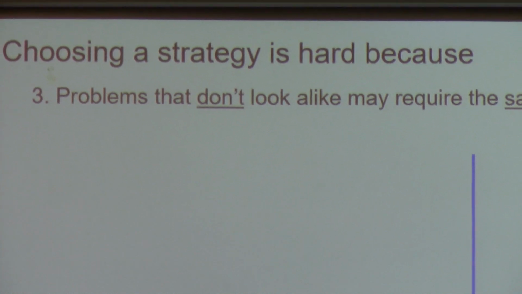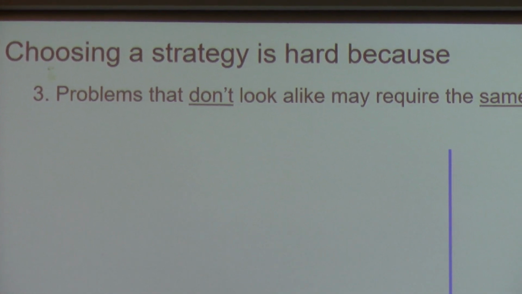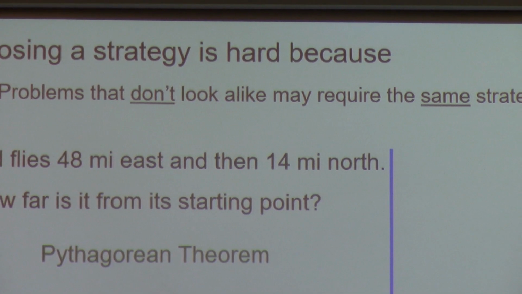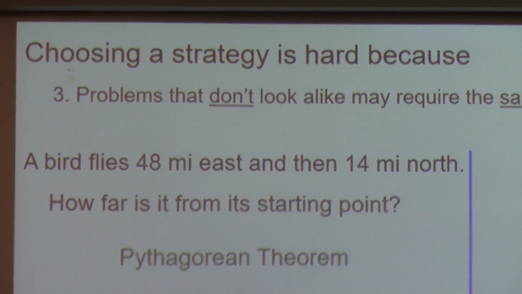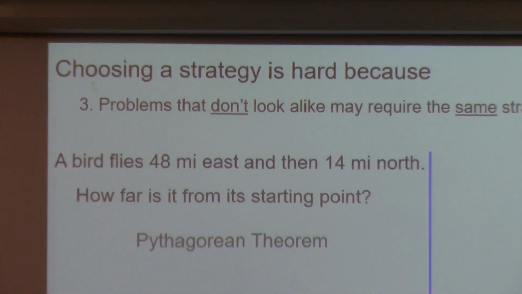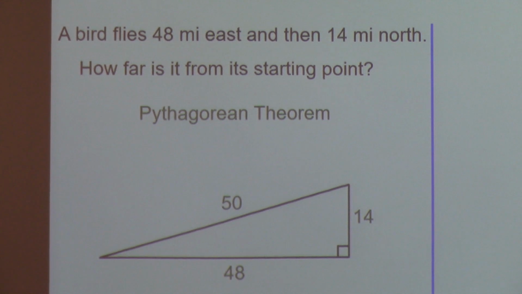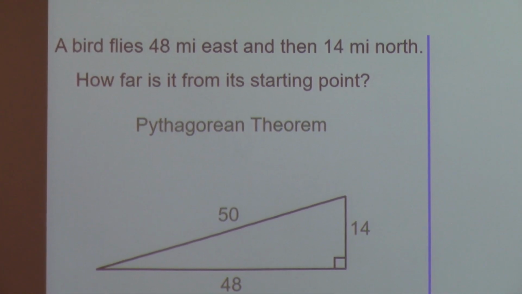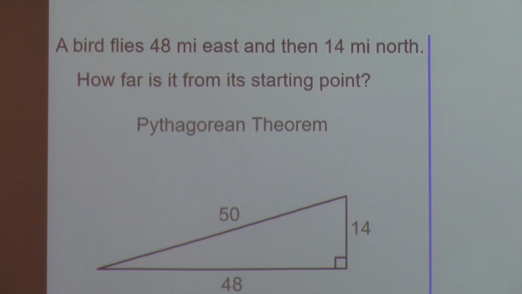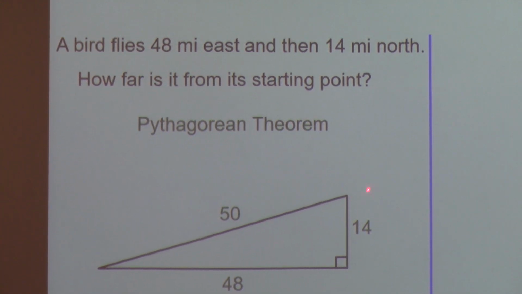And then what compounds the problem is there are even cases where problems that don't look alike actually require the same underlying strategy. Let's take a look at this problem. It's a word problem of a bird flying a certain number of miles east and then a certain number of miles north. In order to figure out how far it is from its starting point, you have to use the Pythagorean theorem and calculate the length of the hypotenuse.